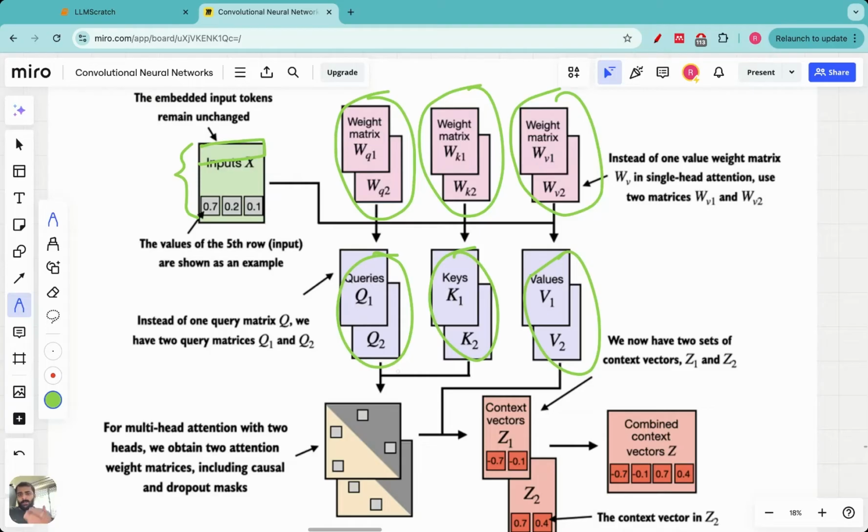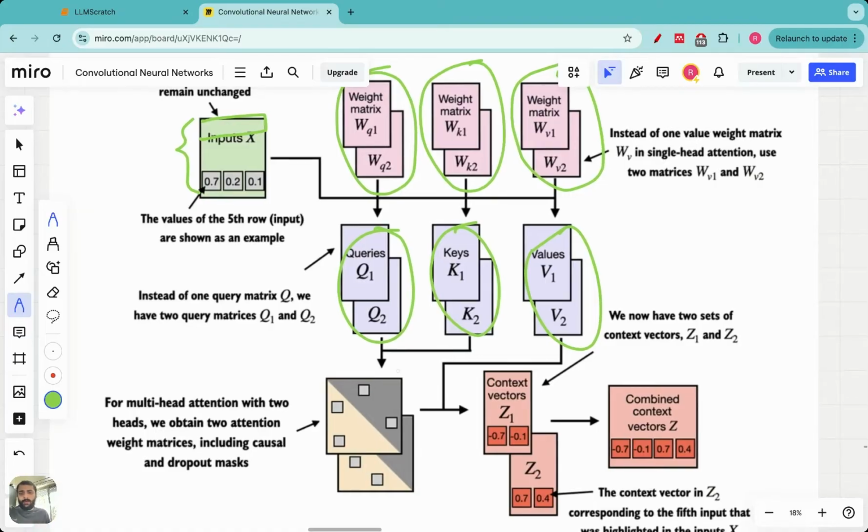So the main problem with this approach is that here you can see that there are two matrix multiplications which are needed. As we saw earlier, GPT-3 used 96 attention heads. So if you have 96 attention heads, you will need 96 multiplications to get the queries matrix, 96 multiplications to get the keys matrix, and 96 multiplications to get the values matrix. That's not very efficient, right?